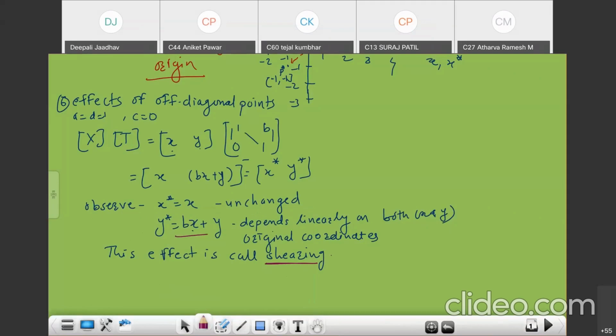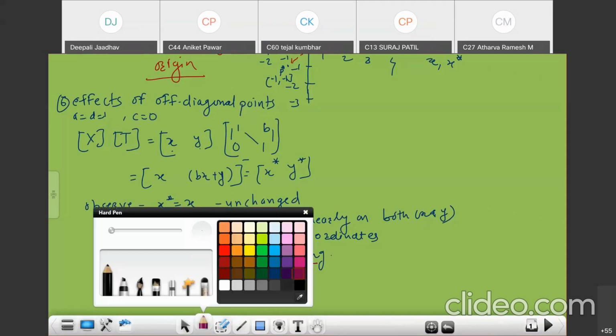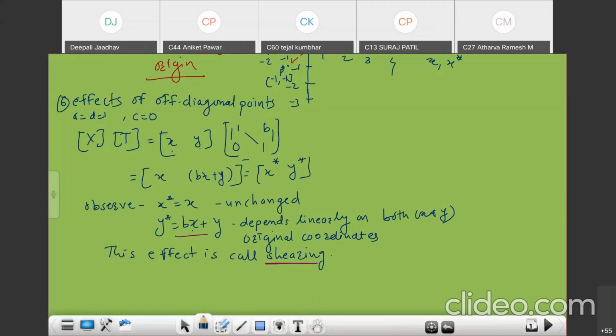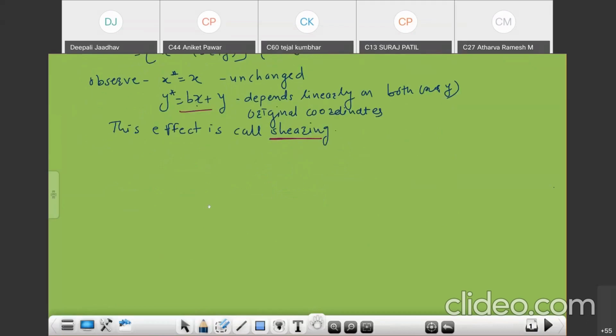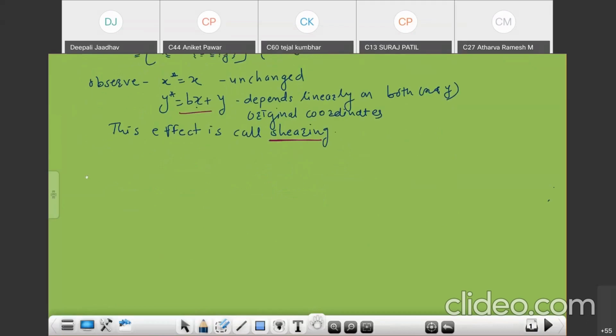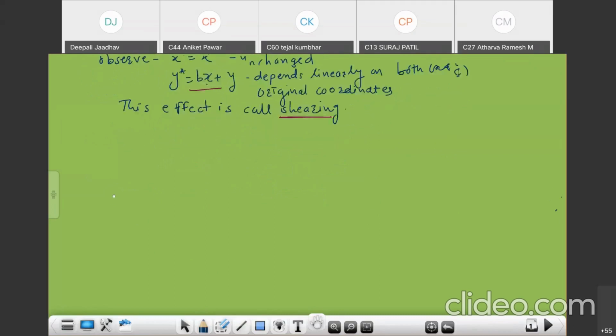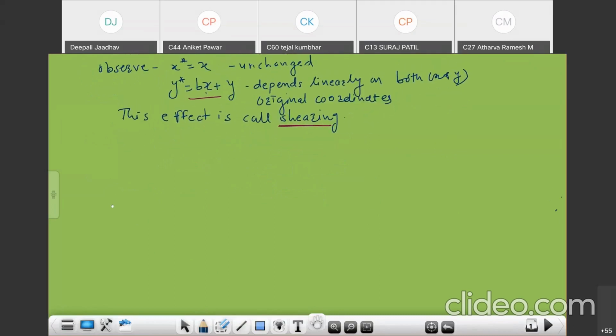Now see with an example. Suppose A is 1, B is equal to 2, C is equal to 0, and D is 1.